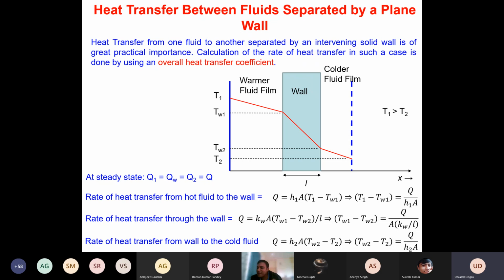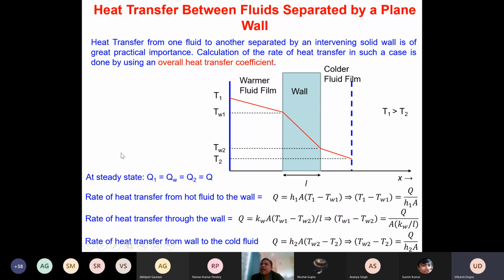Okay, so now let's look at a very interesting case, and this is the most commonly seen case in process applications. Most commonly, you look at any heat transfer equipment, this is what happens mostly, isn't it? In this case, there is a fluid surrounded by a metal wall.